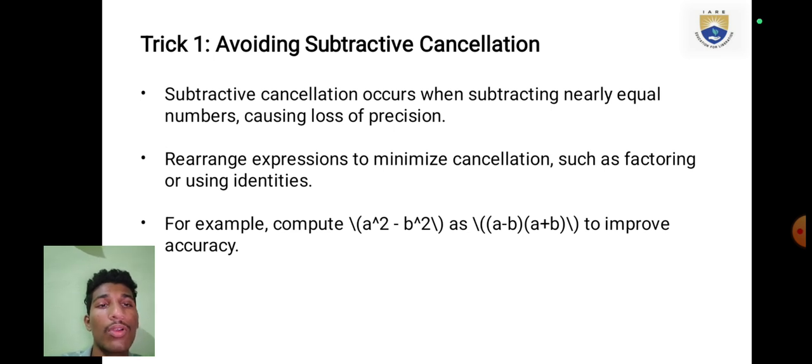For example, compute a squared minus b squared as (a minus b)(a plus b) to improve accuracy.